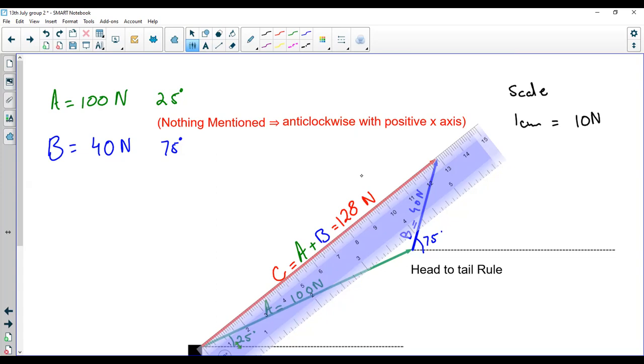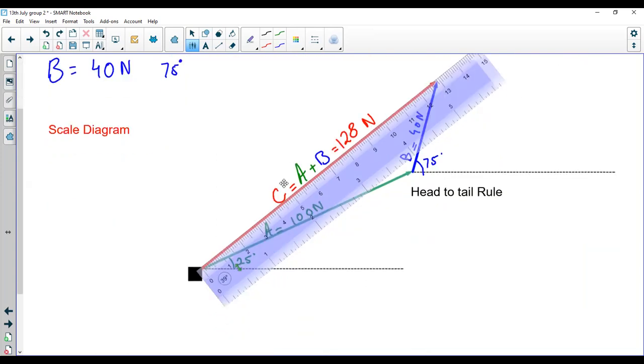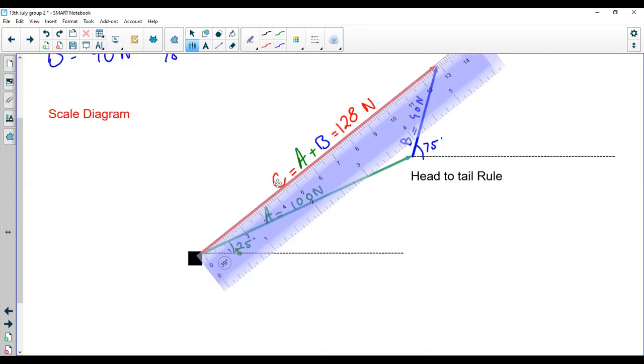Is it clear? This method is called a scale diagram. How did we add the vectors? With the help of a scaled diagram. Is it clear how to draw these scale diagrams? Yes. Okay, that's great. But this thing is always problematic.